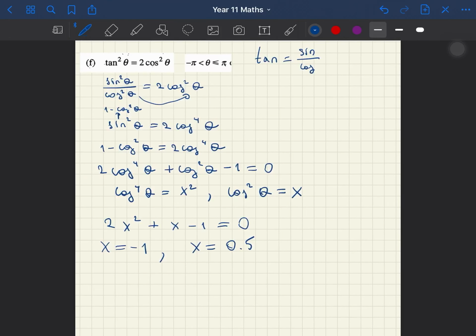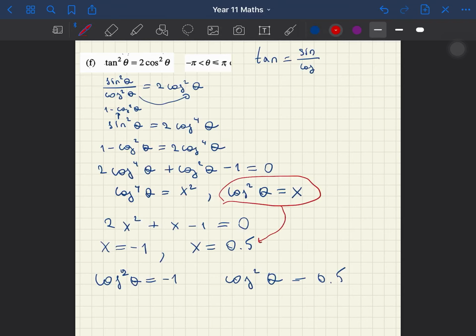This is actually quite an easy question, and it has to be between minus pi and pi, right? So cosine squared of theta equals -1, and cosine squared of theta equals 0.5. Again, cosine squared comes from here, right? Cosine squared equals x, so that's where we get it.